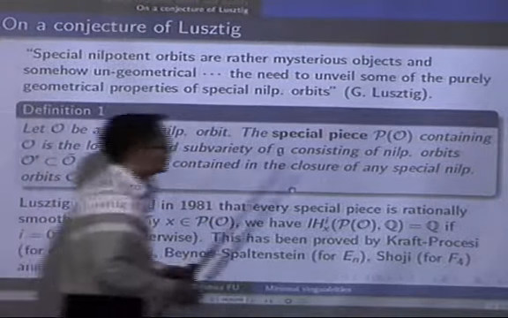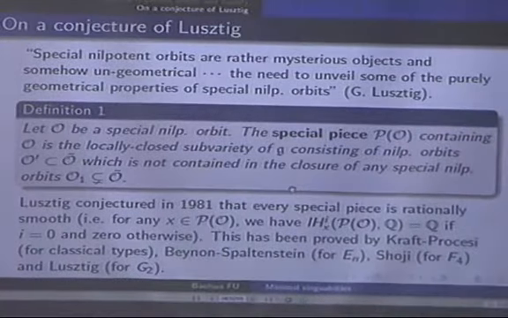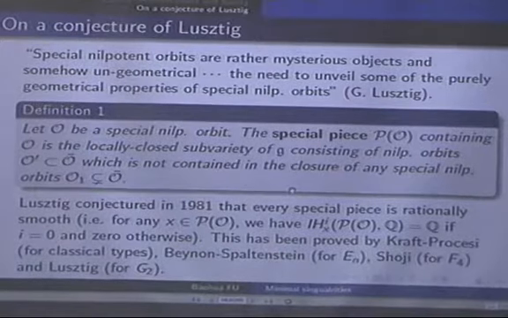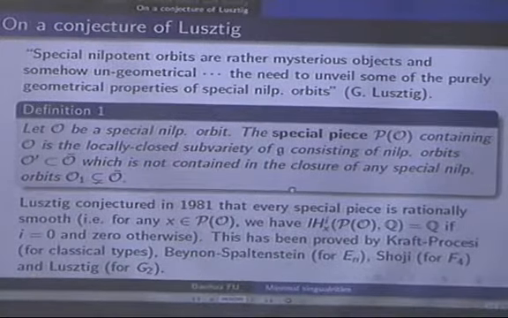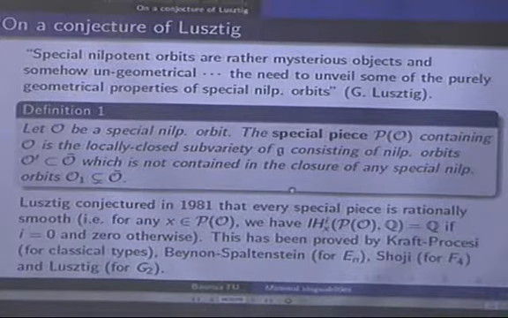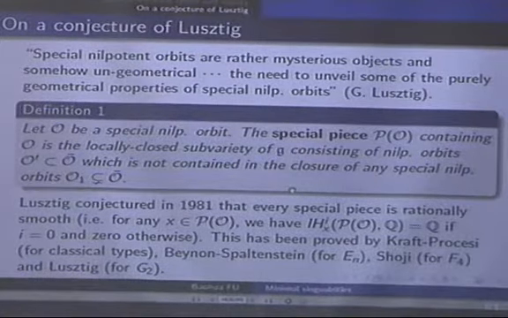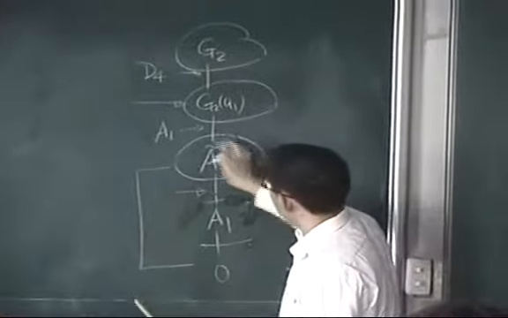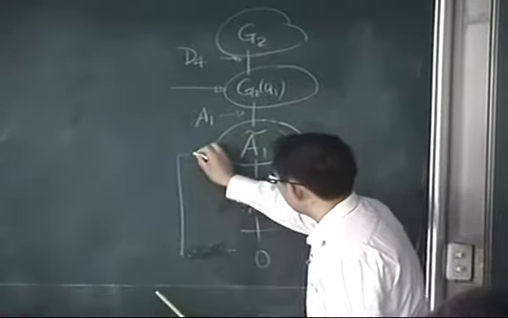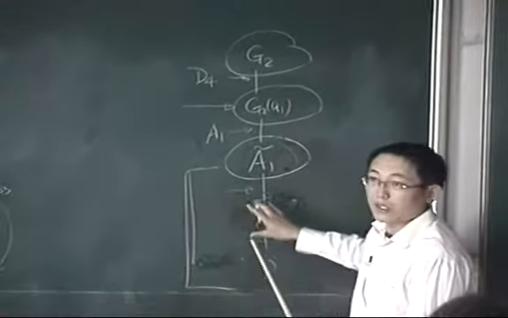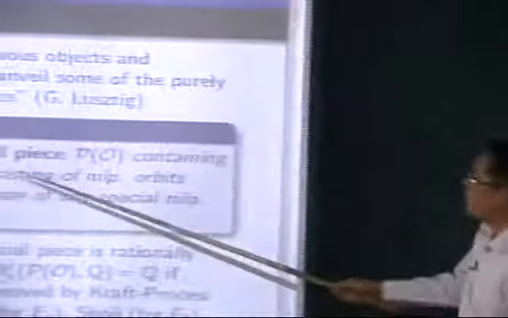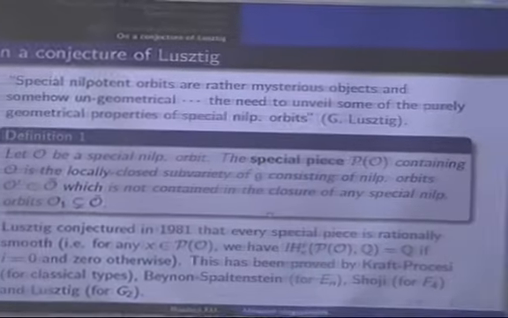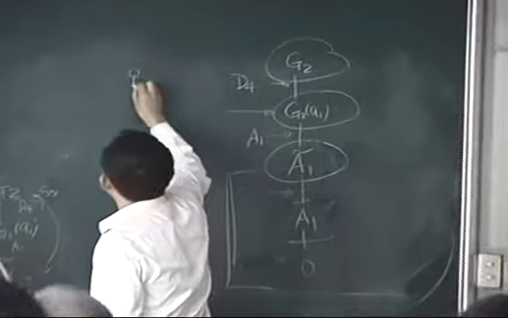Special piece means you take the partition given by special orbits, so you take the union of all orbits contained in the closure of a special orbit, but not the smaller special ones.